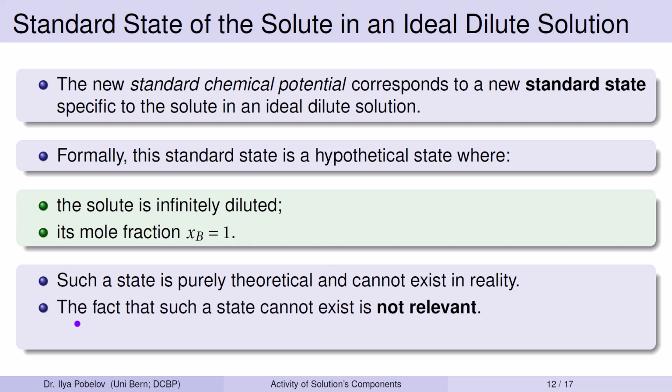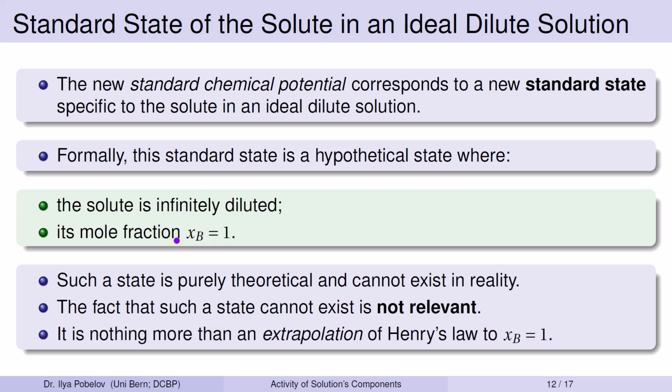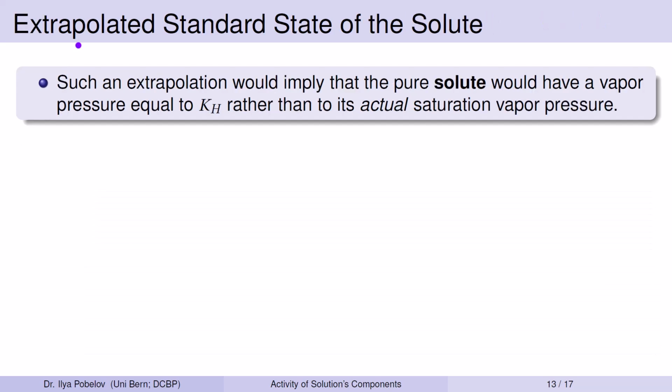However, the fact that such a state cannot exist is not relevant. It is actually nothing more than an extrapolation of Henry's law to a solute mole fraction of 1. Such an extrapolation would, for example, imply that the pure solute would have a vapor pressure equal to the Henry's law constant, rather than to its actual saturation vapor pressure.